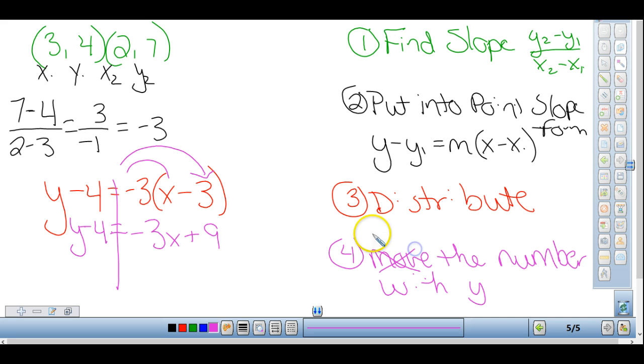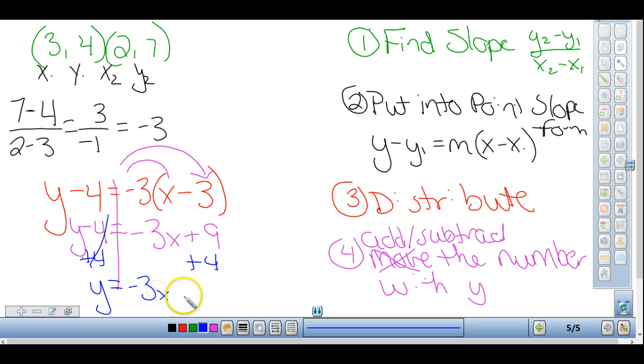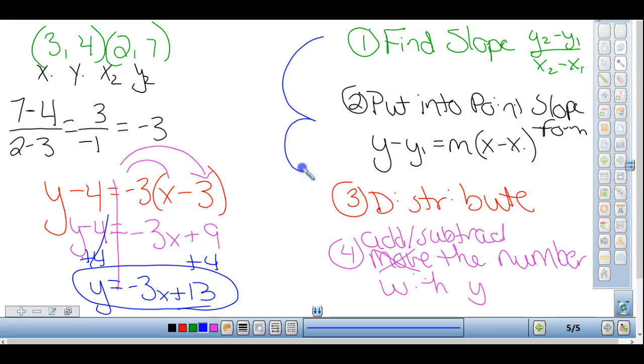Instead of saying move, you could say you're either going to add or subtract it. This is minus 4, so we have to add 4 to both sides. So y equals negative 3x plus 13 is going to be my answer. These steps are also written on the board, so you need to get these steps in your notes. Those are important.